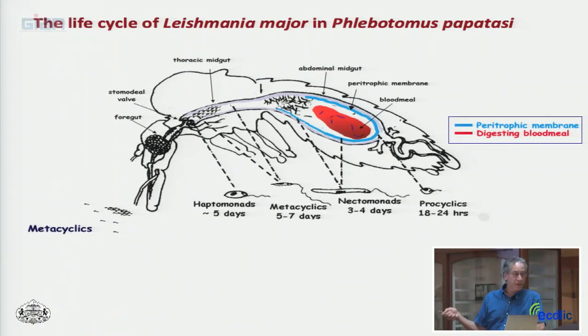epithelial cells lining the gut, because there's lots of active digestive processes. These are digestive enzymes, proteases and glycosidases that are released by midgut epithelial cells, required for blood meal digestion. And this peritrophic membrane is thought to separate this digestive process from the epithelial cells lining the gut so as not to damage those cells during the digestive process.